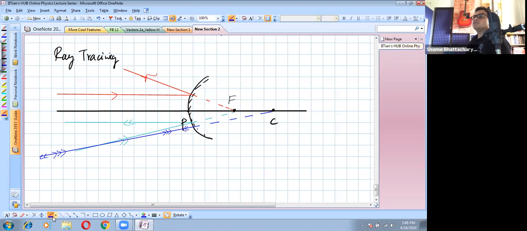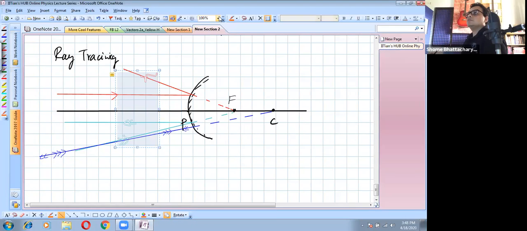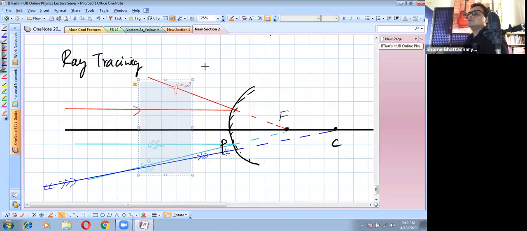And of course, the fourth and final type of ray is, let us say, this kind of ray, which is incident at the pole. Oops. Okay. So let me try and magnify this a little.